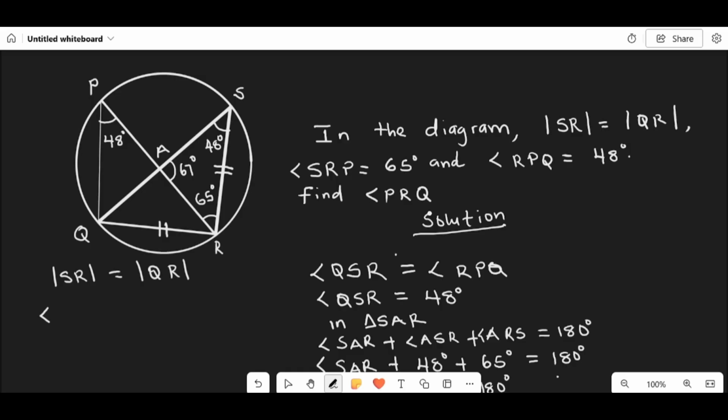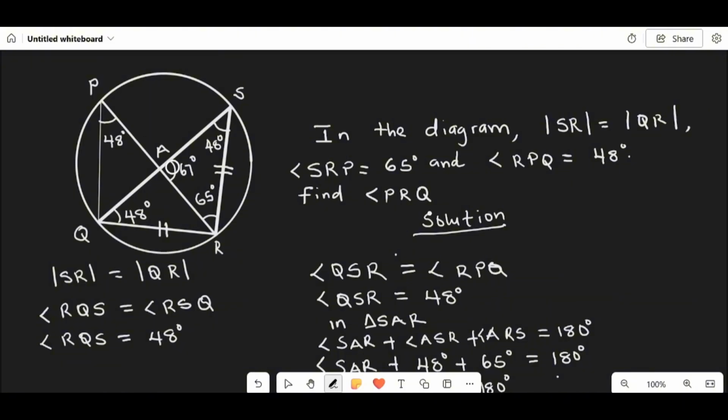Angle RQX is equal to 48 degrees, because our angle RXQ here is 48 degrees. So we can say this angle is 48 degrees.